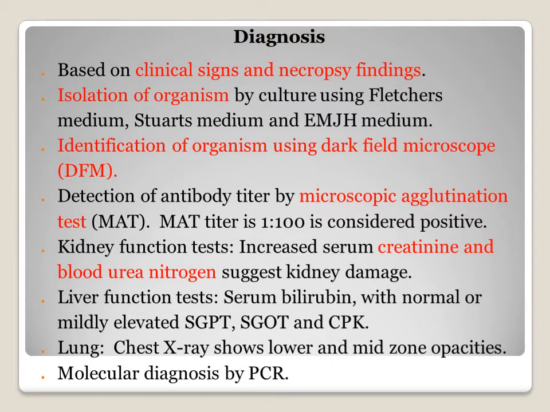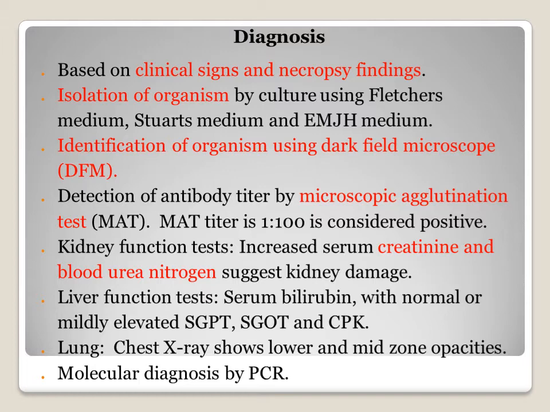Diagnosis is based on clinical signs and necropsy findings. We have seen a big list of clinical signs and necropsy findings also. The organism Leptospira affects the kidney, so you will find symptoms related to kidney failure. Leptospira affects the liver, so you will find liver dysfunction symptoms.